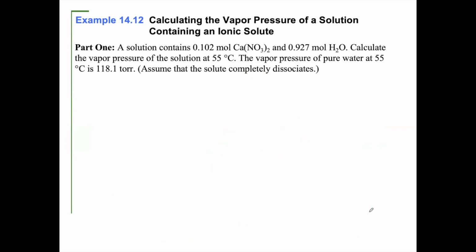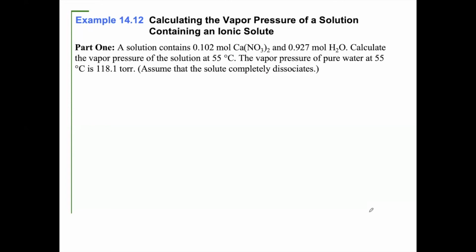Calculating the vapor pressure of a solution containing an ionic solute. So we've dealt with vapor pressure with non-electrolyte solutes, and vapor pressure with two volatile substances together. Here we're dealing with vapor pressure and ionic substances.